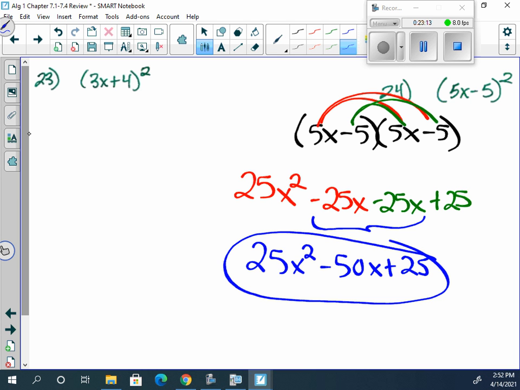So we can't just square the first term and square the second. We need to multiply it by itself, because if we don't, we won't get that middle term, that negative 50x. Any questions on this here?